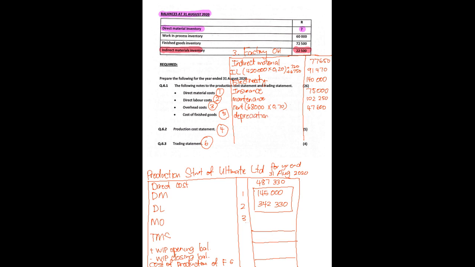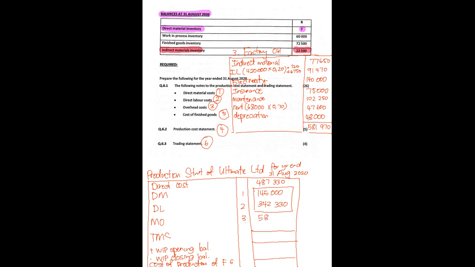So now you can total up this. So here you will have for your factory overheads a total of 581,970. And that actually goes into your figure here in your production statement, 581,970.